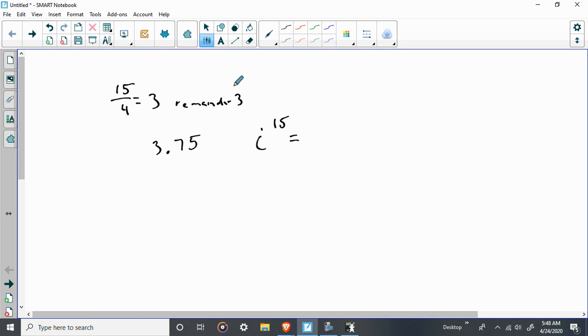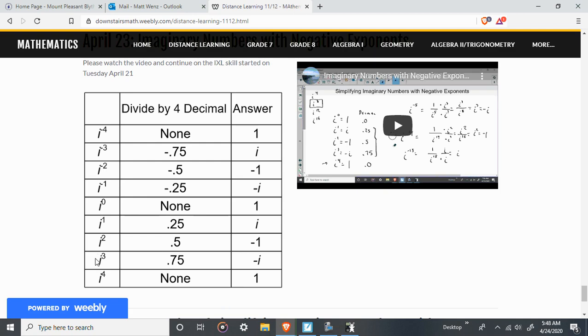What we're really worried about is that remainder of 3, because that means this is i to the 4th times i to the 4th times i to the 4th times i to the 3rd: 4, 8, 12, 13, 14, 15. We don't care about these because this is 1 times 1 times 1. All we're really concerned about is that remainder, so that's i to the 3rd. If we go into our little chart, i to the 3rd is negative i. That is your answer.